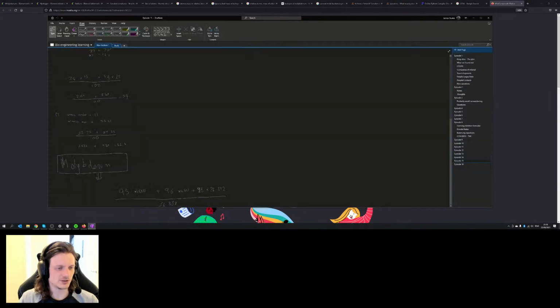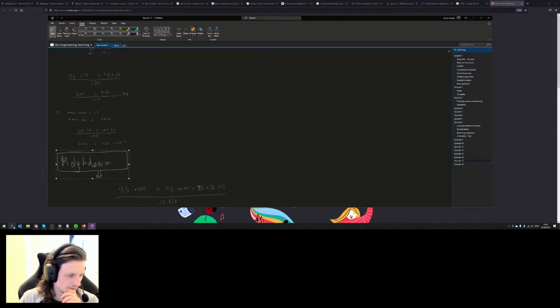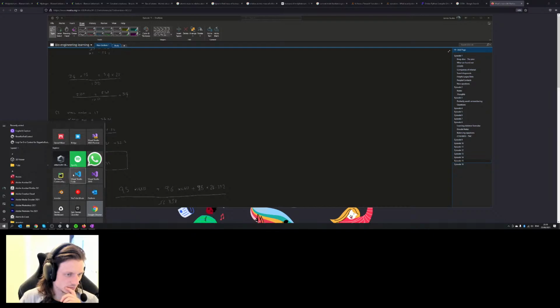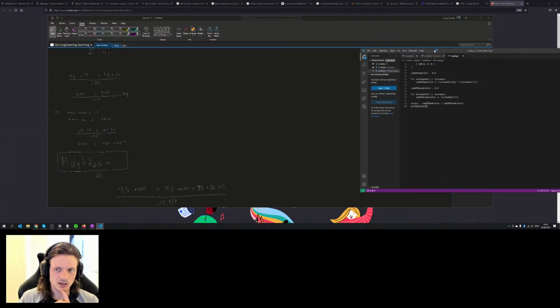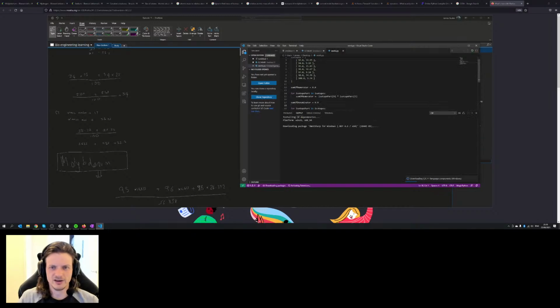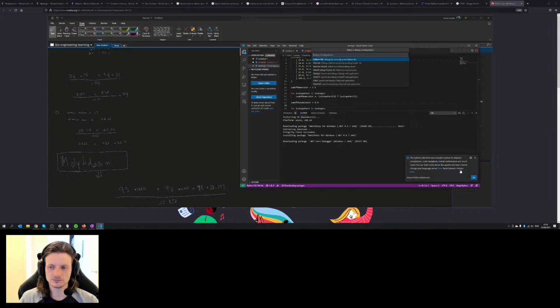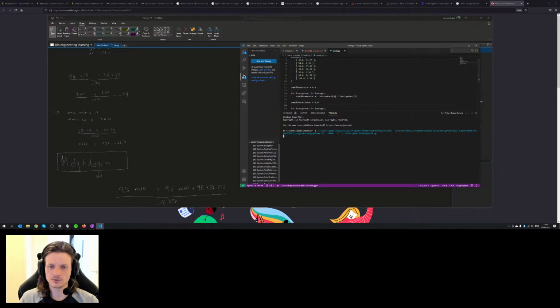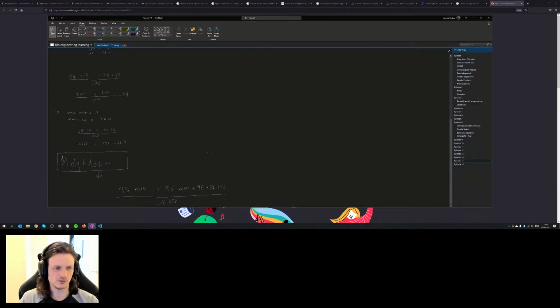So we had this issue whereby molybdenum wasn't coming back correct. If I go and look at the code that I was running, I think it was in Visual Studio Code. Yeah, this was it. If I run that, yeah, that was wrong because it should have been 95.25 or something like that.